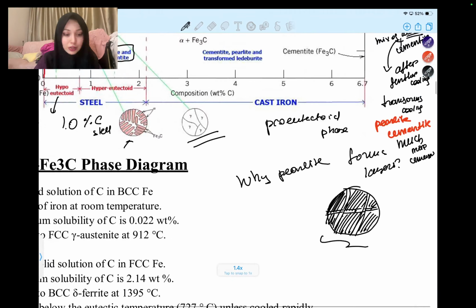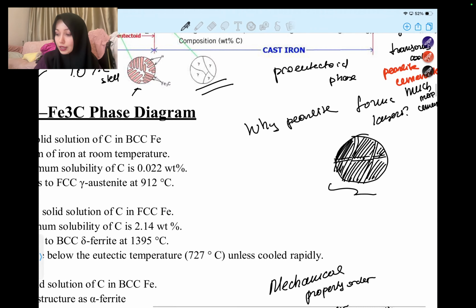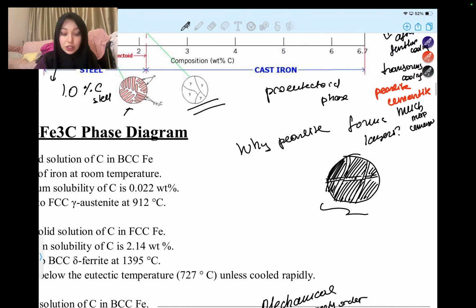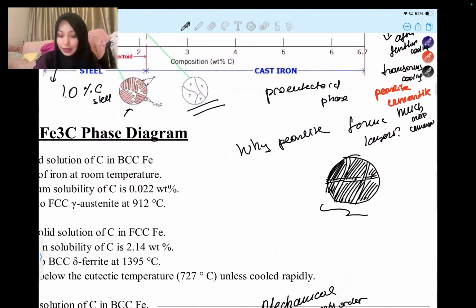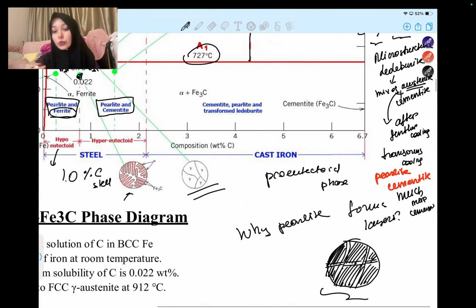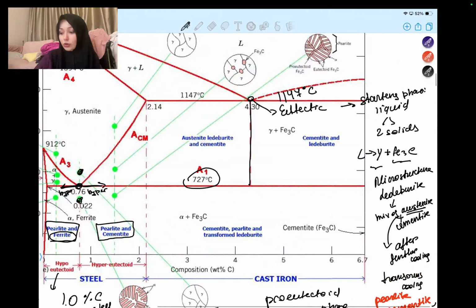Okay, then we have the important flow of cooling. When we are doing eutectic alloy cooling, at high temperature liquid exists. At eutectic temperature, as I've mentioned, I'm just doing reviews so you understand better, we have liquid gives us austenite and cementite, and later the austenite is replaced with pearlite.